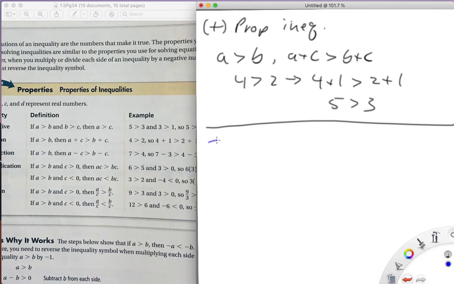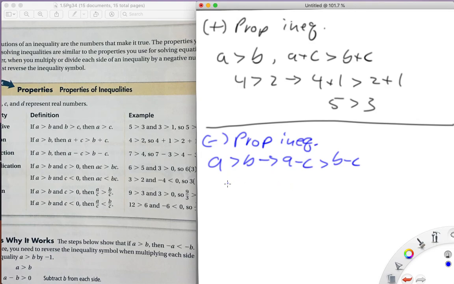Subtraction property of inequality states that if A is greater than B, then A minus C is greater than B minus C. So if 7 is greater than 4, then 7 minus 3 is going to be greater than 4 minus 3. 4 is greater than 1, so that is correct.